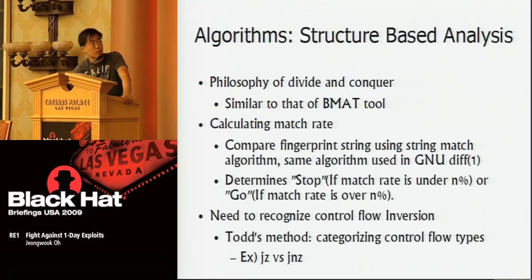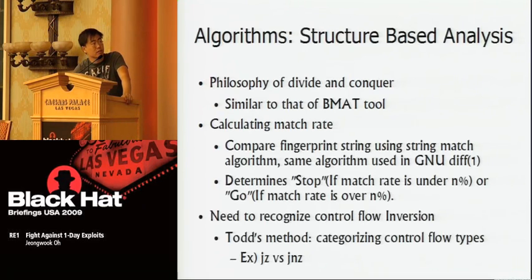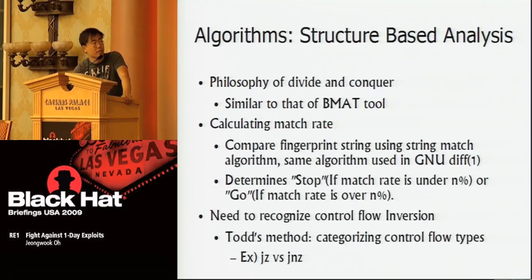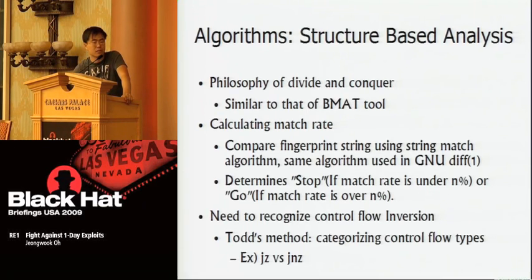And we also do structure-based analysis. It has some philosophy of divide and conquer. It is very similar to BinDiff from like 10 years ago. And we use fingerprints to calculate the match rate, and we are using the same string match algorithm that is used in GNU diff. And we just determine whether to stop or go based on the match rate.